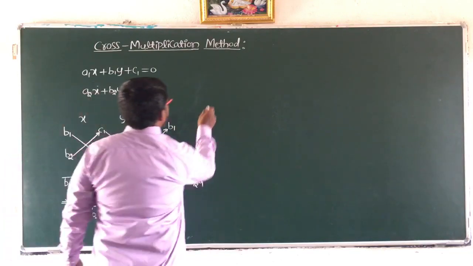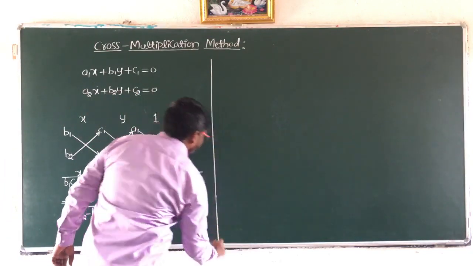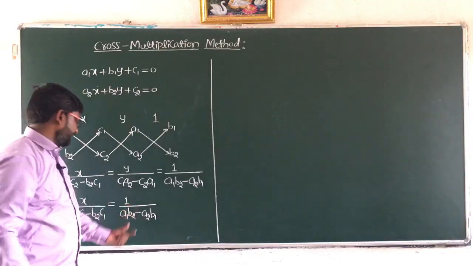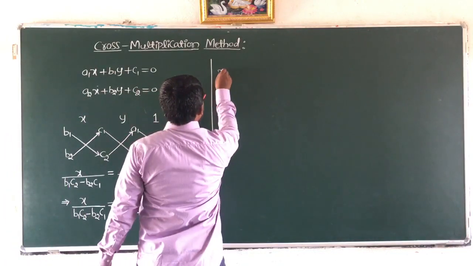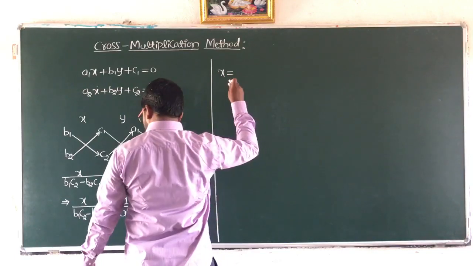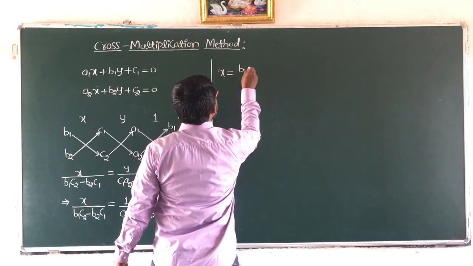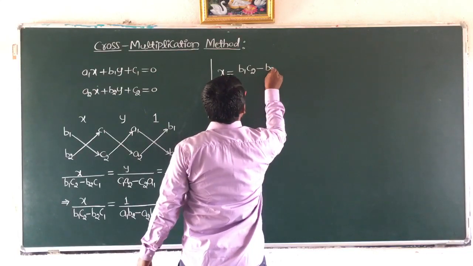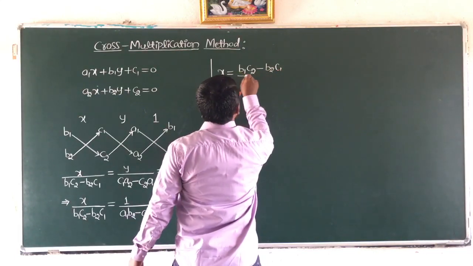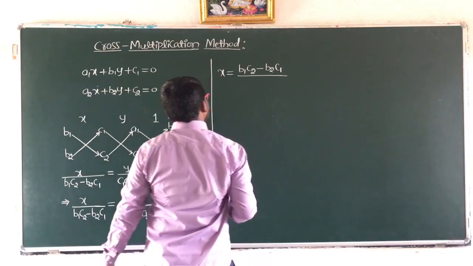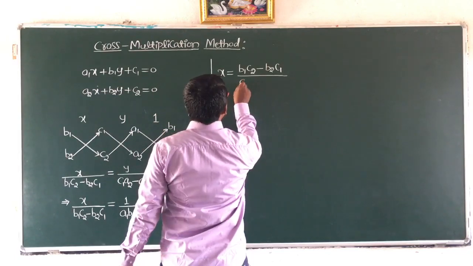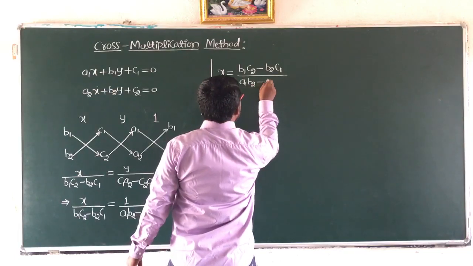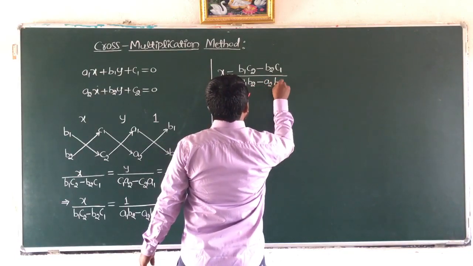Now take the denominator to the RHS, it goes to the numerator. x is equal to b1 c2 minus b2 c1 divided by a1 b2 minus a2 b1.